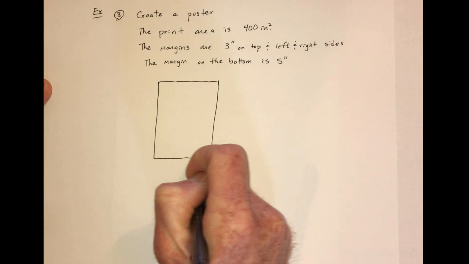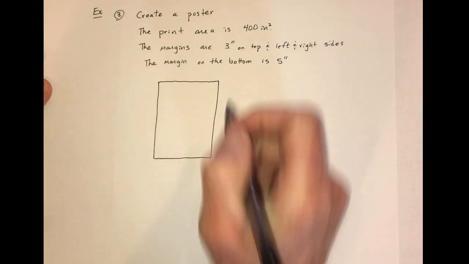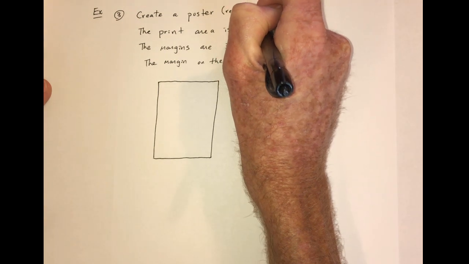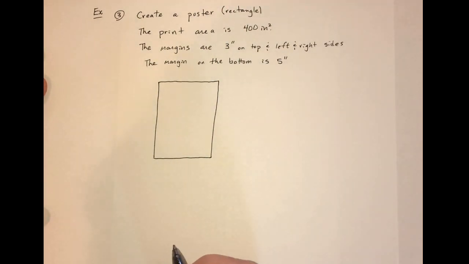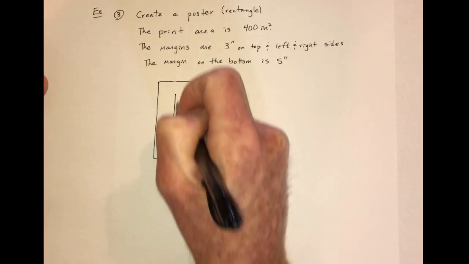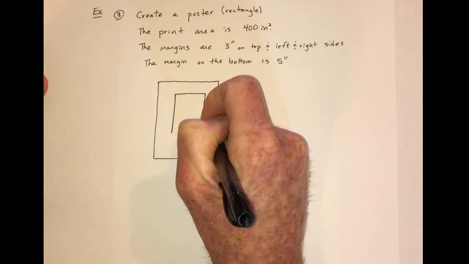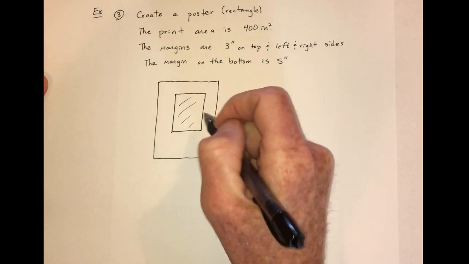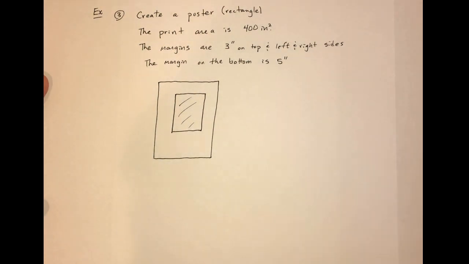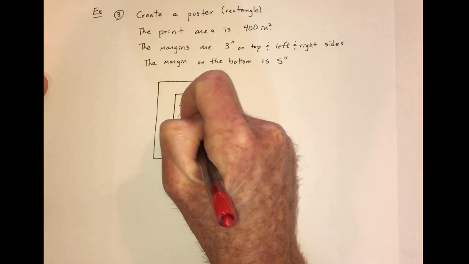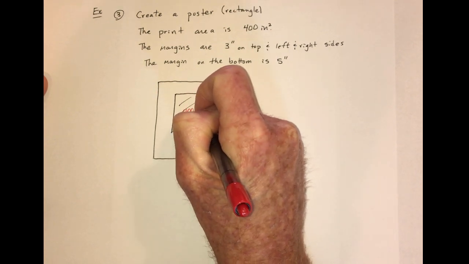I forgot to say that it's a rectangular poster. So not a circle poster, but a rectangular poster. And then this is where the message is going to go. So in here, this is where the message is. It says, please wash your hands. And then this has to be 400 square inches.